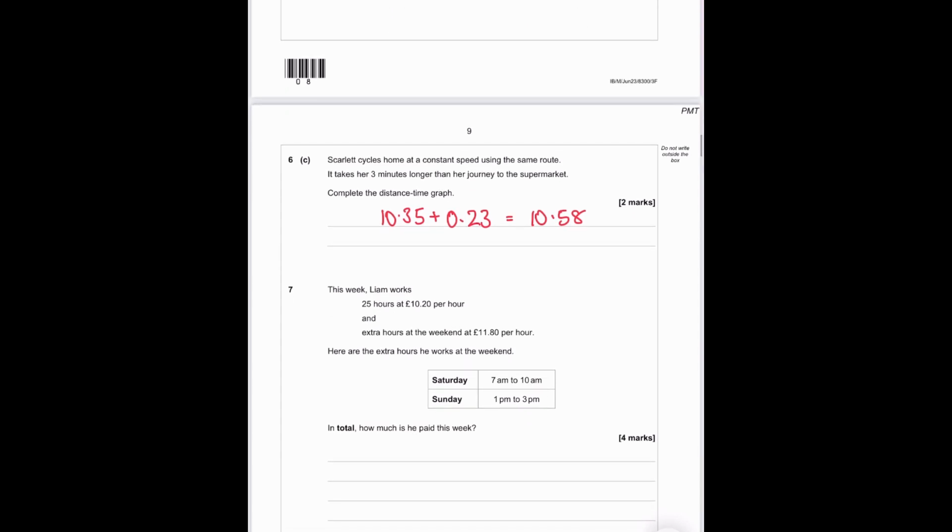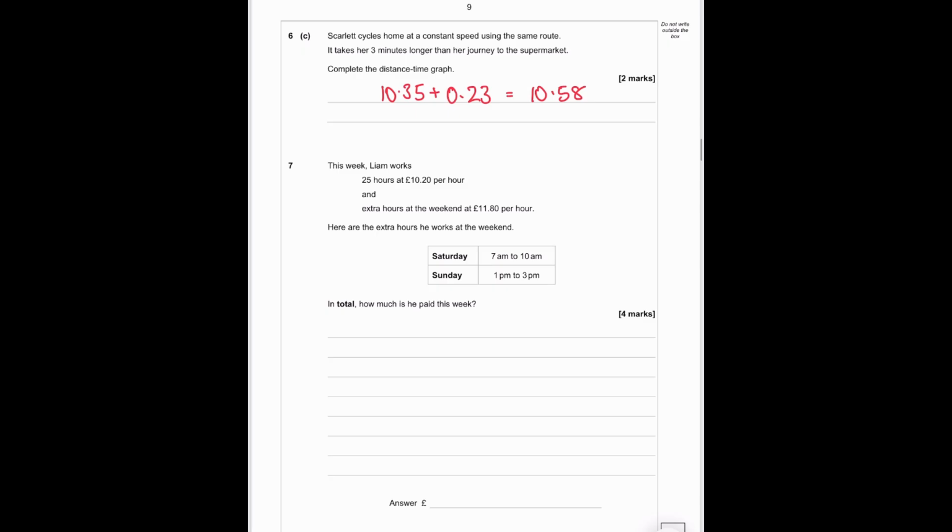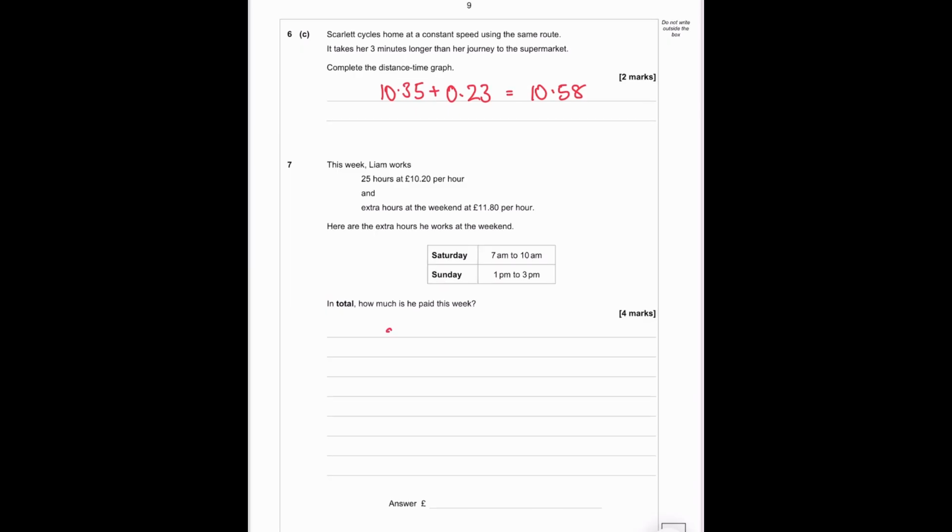This week Liam works 25 hours at £10.20 an hour and extra hours at the weekend at £11.80 per hour. Here are the hours he works. In total, how much is he paid? So he's done 25 hours at £10.20, so that totals £255.